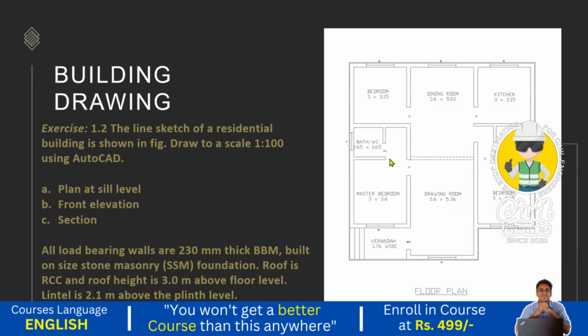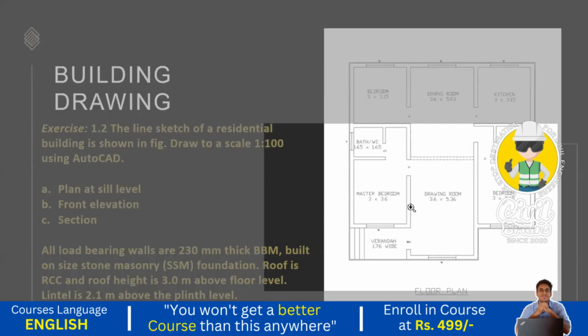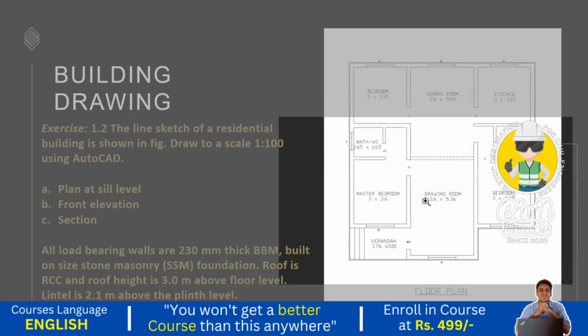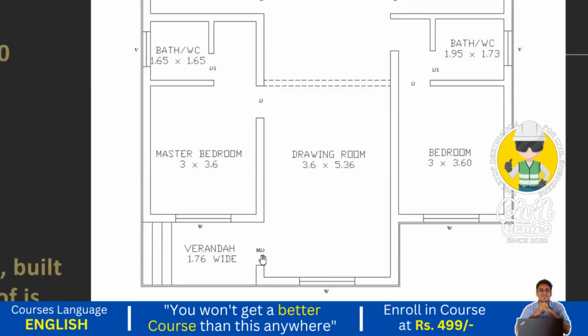If it is not mentioned D1, I will tell you what D1 is. Here you can see this one. I just zoom in on that. Okay, here you can see MD in the sense of main door. D in the sense of door, D1 in the sense of door 1. So why is it like this?